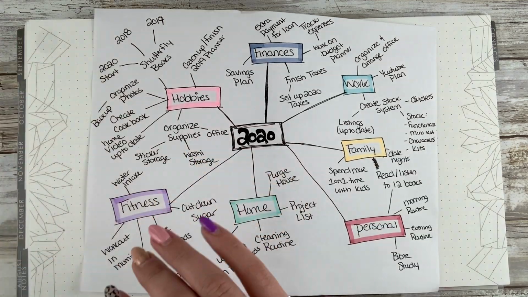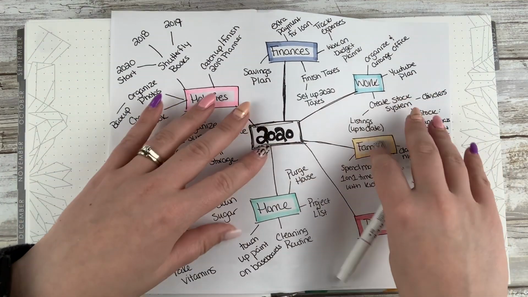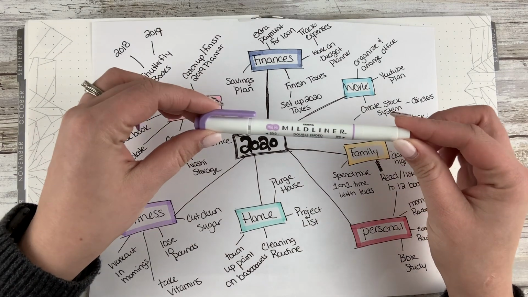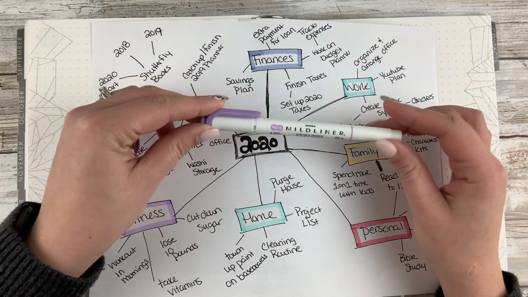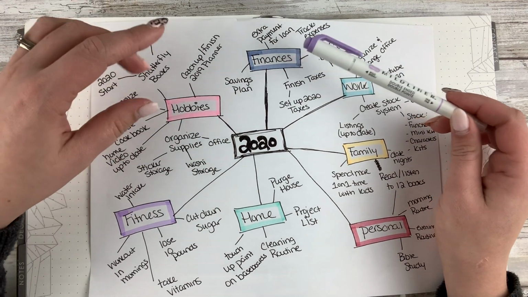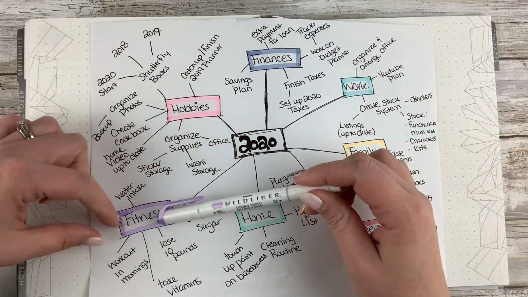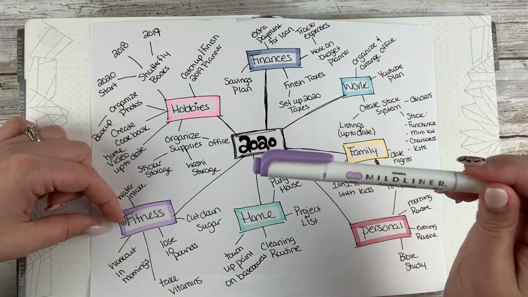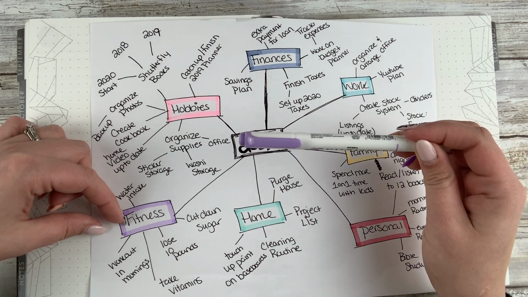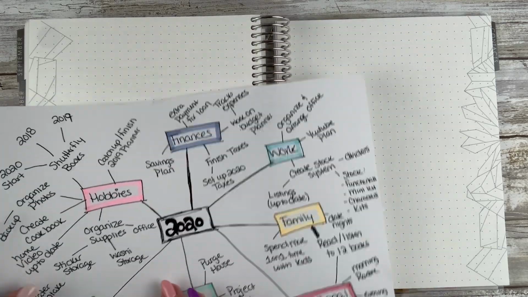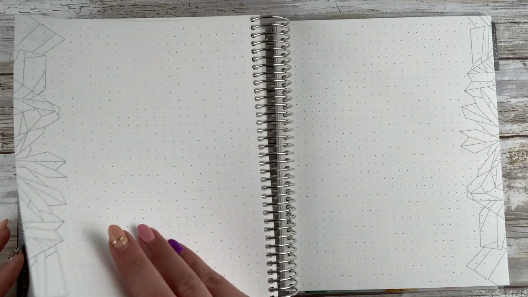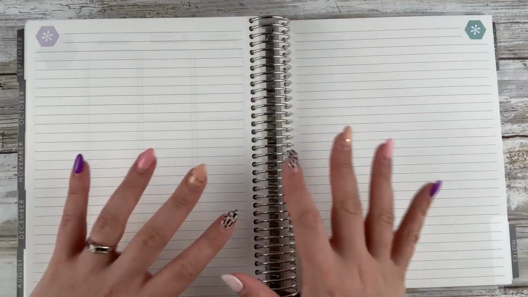I am going to be using these Mildliner pens to coordinate my different categories. So when I go and do my different quarterly or monthly goals, my fitness goals are always going to be related to this purple color. So that's how I'm going to do that. I'm super, super excited to get started. So let's go into my notes pages.